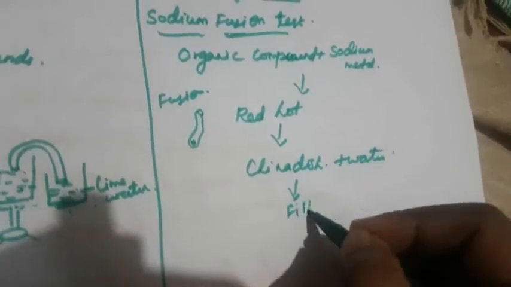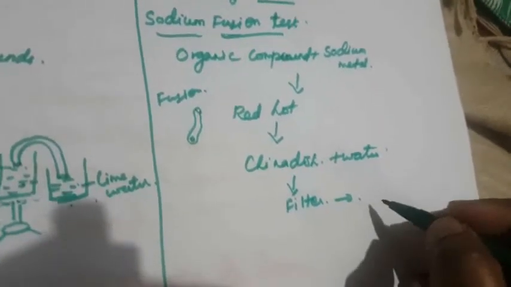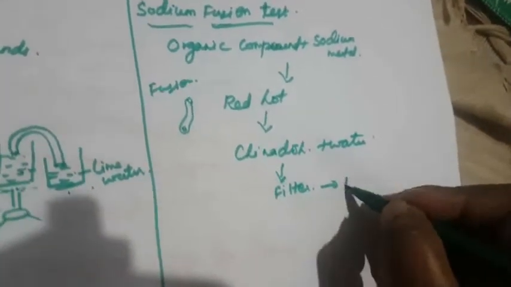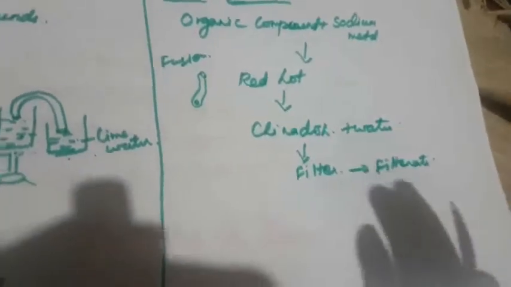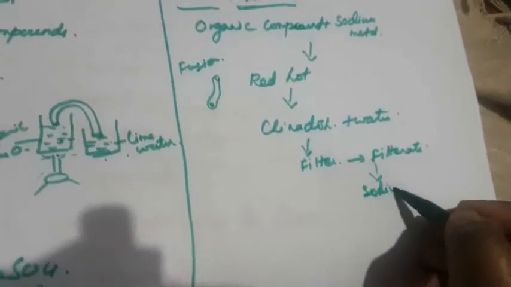The filtrate is called the Lassaigne extract or sodium fusion extract. What is meant by filtrate? Filtrate means the water that is left below after we filter. That is called the filtrate, the sodium extract.